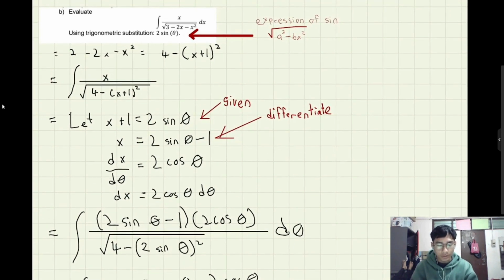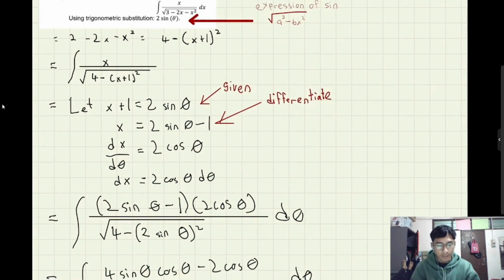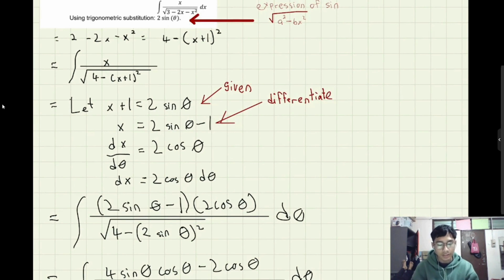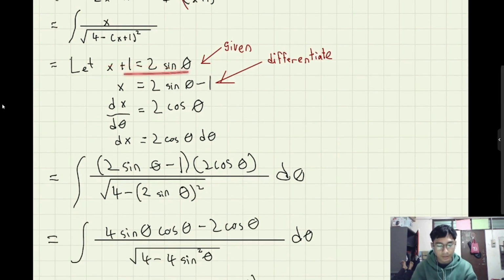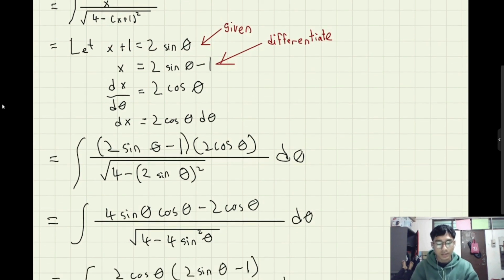After that, when we see this equation, we know that this is the expression of sin. So I let x plus 1 equal 2 sin theta, as the 2 sin theta is given. After I let it, I differentiate it with respect to theta: differentiating 2 sin theta, we get 2 cos theta.